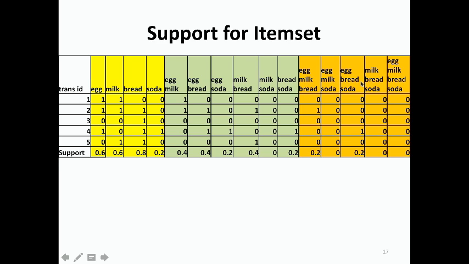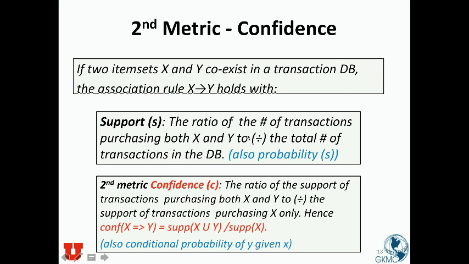As you can see, when you have more products, it is less likely that they are purchased altogether in the same transaction. So the support is down to 0 or 20%. And since no transaction has purchased all 4 products together, the support for this set of 4 items is 0.